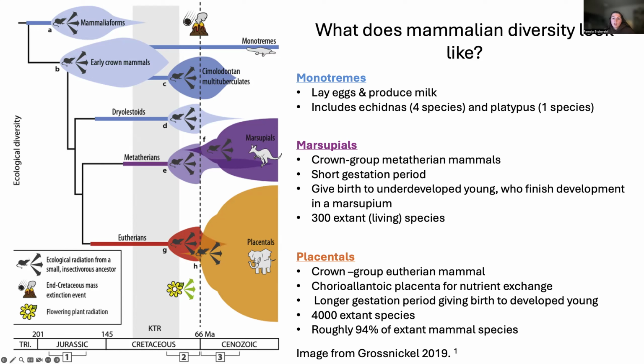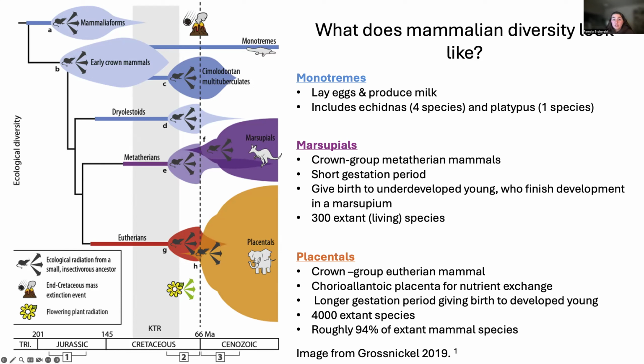In terms of placentals, they are a crown group eutherian mammal, so the common ancestor of all placental mammals, extinct or living. Placental mammals have a chorioallantoic placenta for nutrient exchange between mother and fetus during gestation.